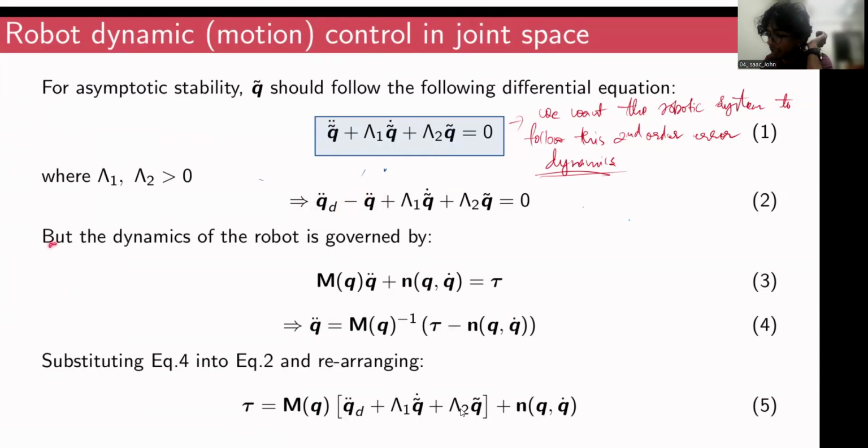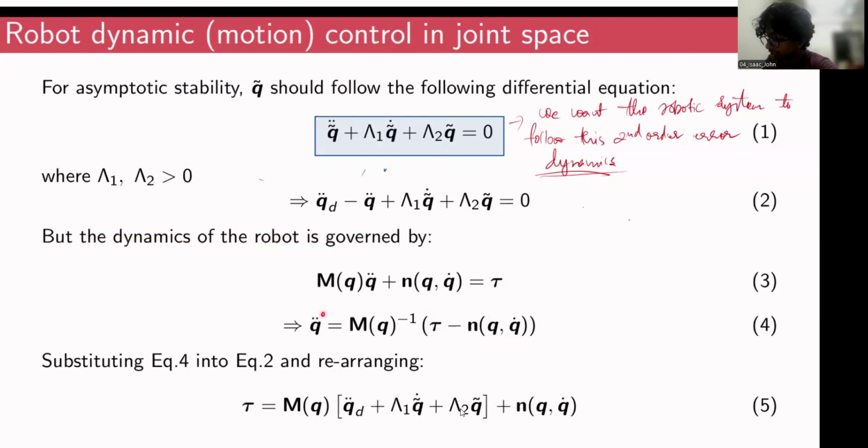right? But from the dynamical governing equation of the robot, we know this is how the robot would behave, as per this equation of motion. And from here, you can find out the actual acceleration of the robot. Simply by rearranging this equation, you will get q double dot as m of q inverse times tau minus n of q dot.